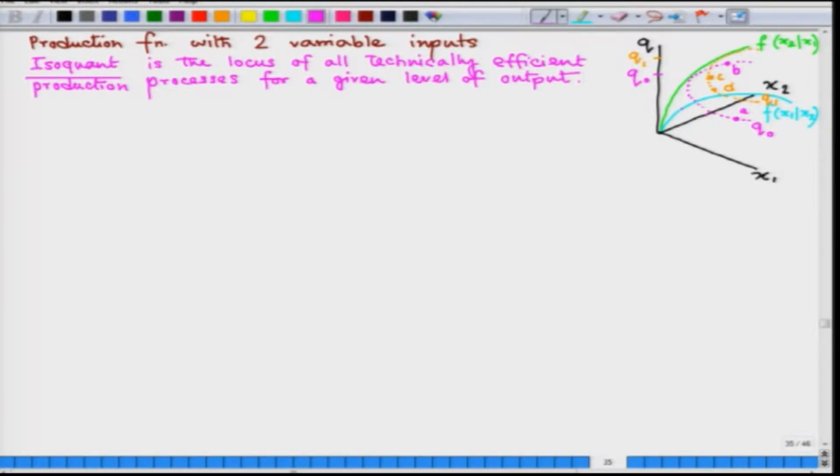Okay, so now let me have a simple diagram, and this time we are going to draw the isoquant in a two-dimensional plane. x1, x2 are the variable inputs, and now I am going to draw the curve.